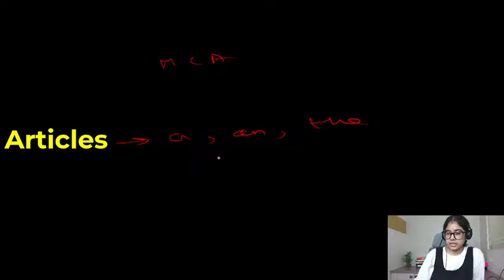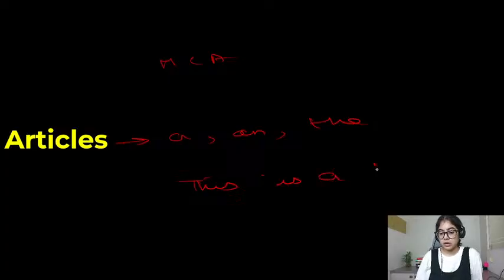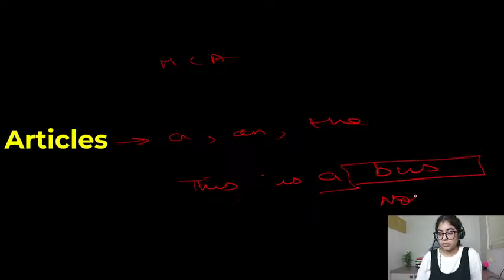Now, usually, this is how they're used in a sentence. This is a bus. This is a pencil. This is the house. So usually they are placed before a noun, and they tell you more about the noun.